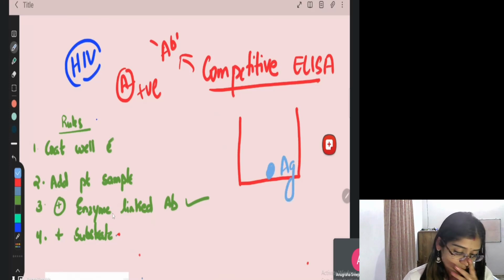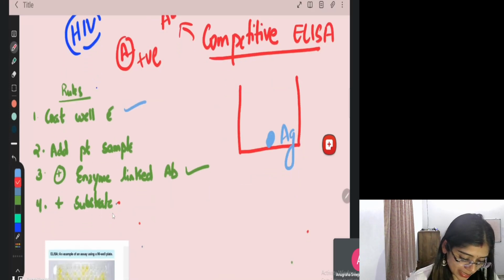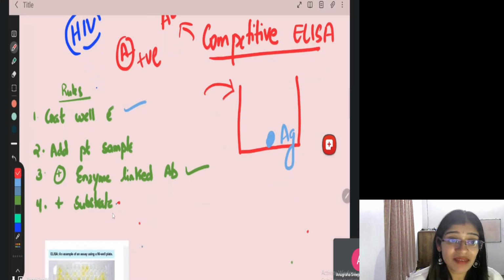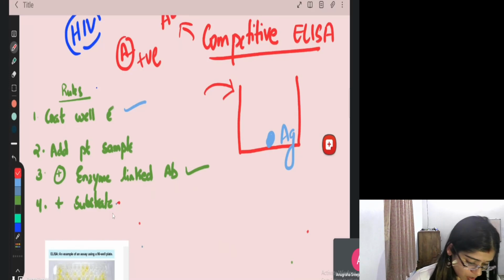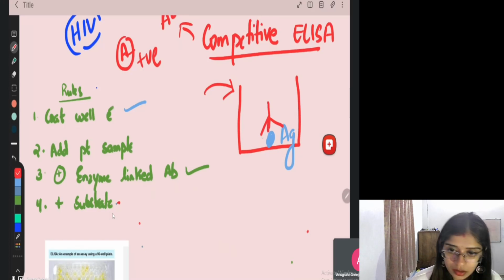You're checking for antibody, you coat the well with, very good, HIV antigen. Okay, the first step is done. Second step is what? Add the patient sample. So I'm adding the patient sample. Now see, let's assume that he is positive. Patient A is an HIV patient. If he is positive, will he have antibodies of HIV? He will have, na? Okay, very good. So this antibody will come and form a bond with what? The antigen.